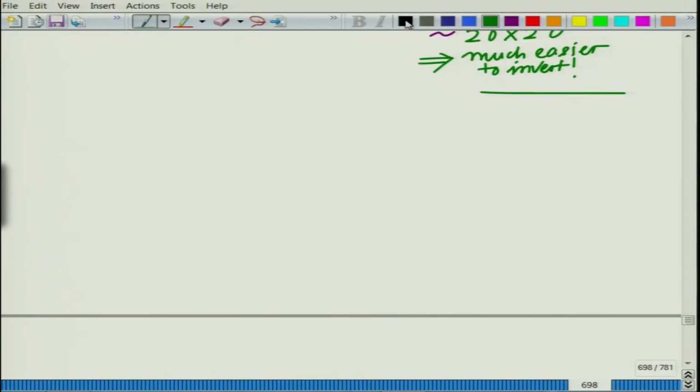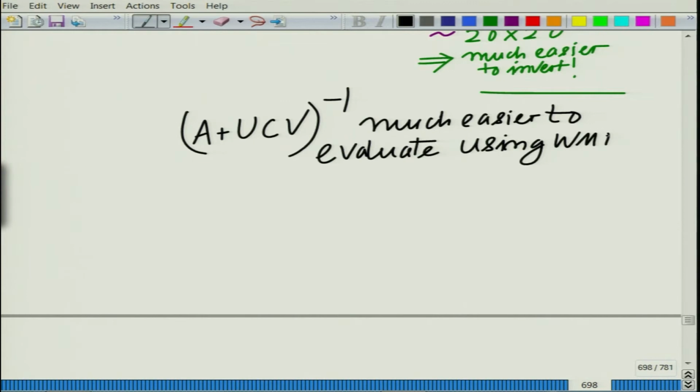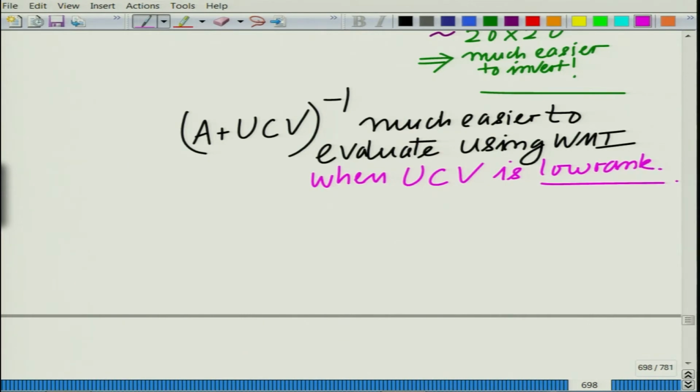Okay. So, A plus UCV inverse is much easier to evaluate using the Woodbury matrix identity when UCV is a low rank matrix.